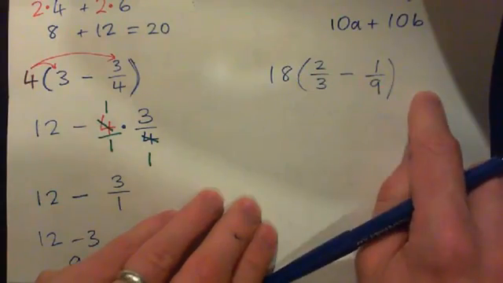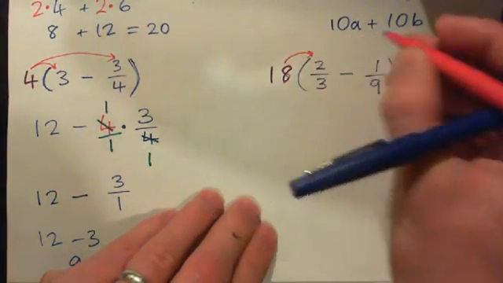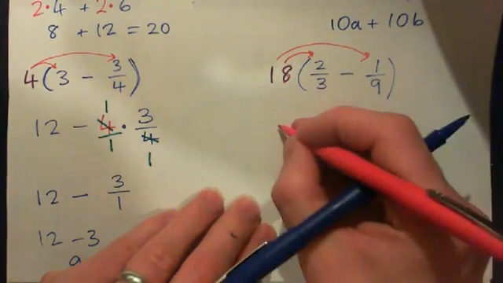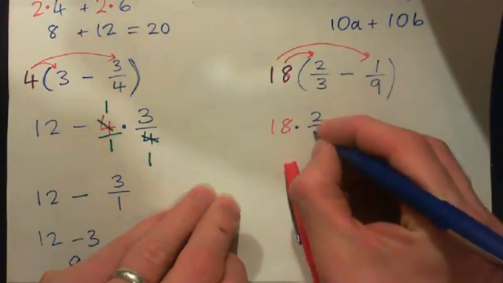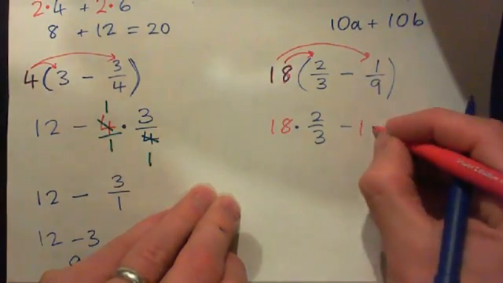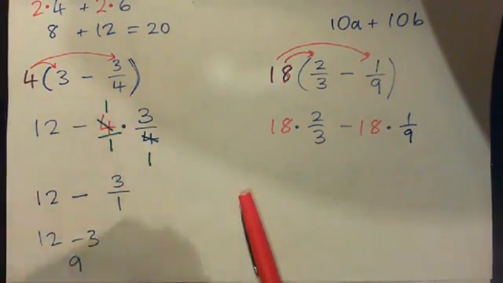Now this example, 18 times this guy, we've got to use the distributive property. So I'm going to multiply 18 in here and here. So I'll get 18 times 2/3 minus 18 times 1/9. Now, what I'd like you to do is write 18 as a fraction.